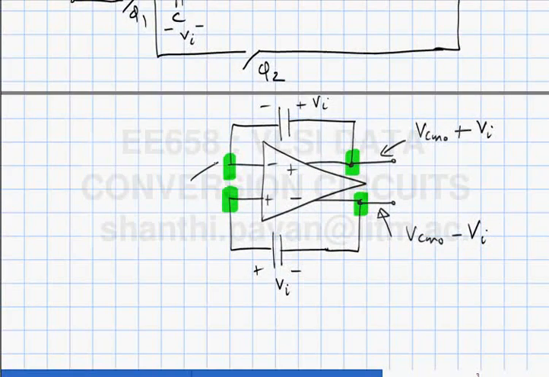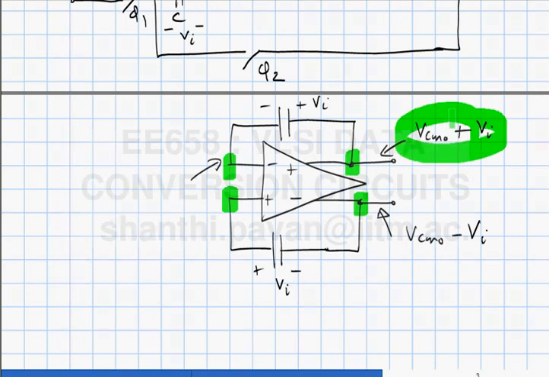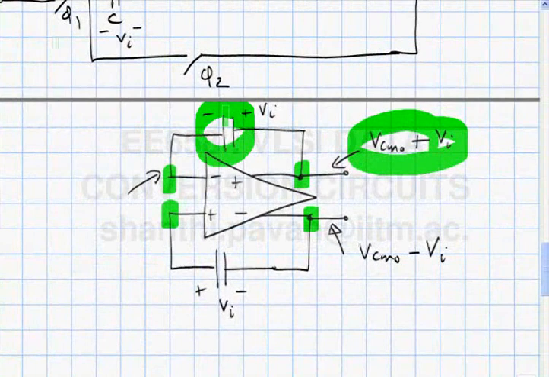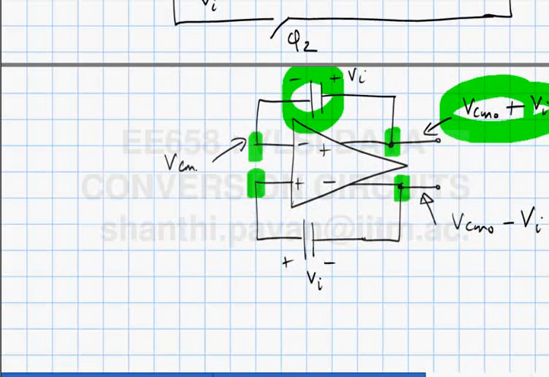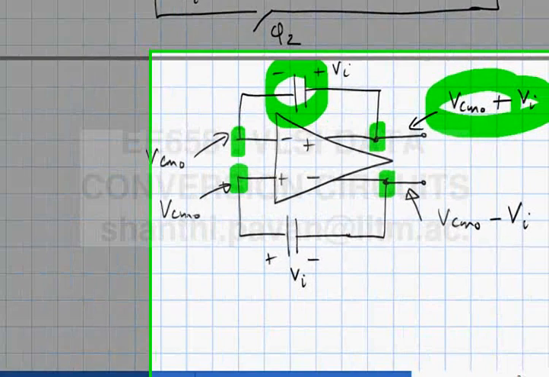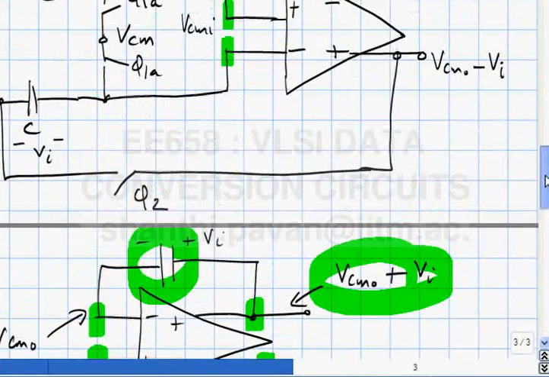Now that basically means if this voltage is VCMO plus VI, right, and the drop across the capacitor is VI, then the voltage at this node must be VCMO. What about this voltage? Will also be VCMO. So, what do you see?